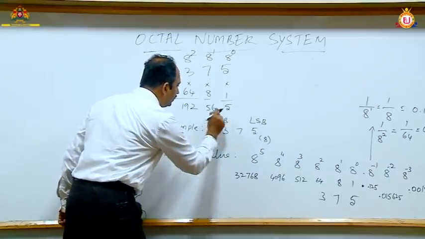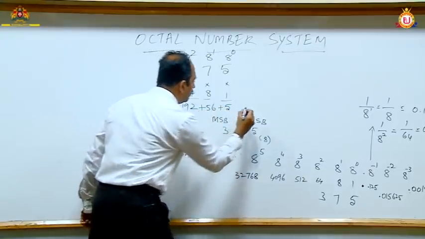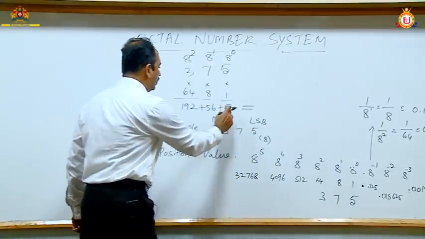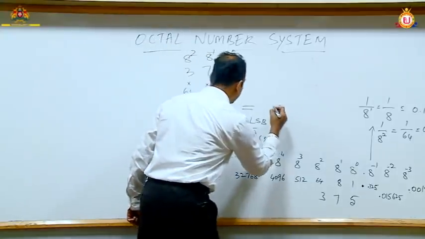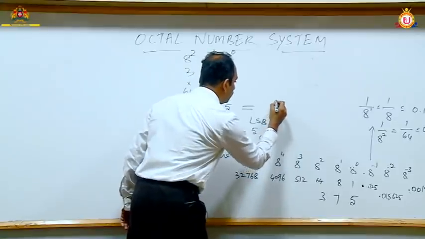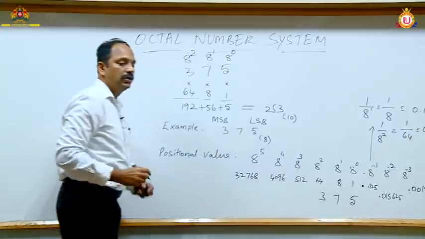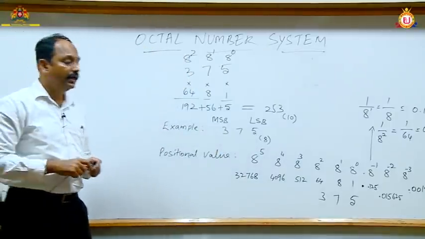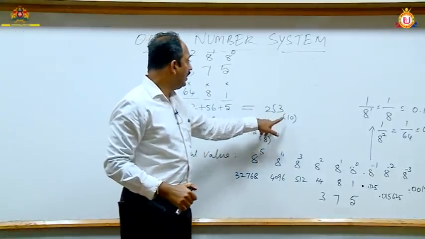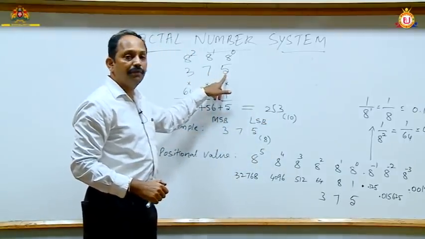So add all the three values, 192 plus 56 plus 5, that comes to 253. 253 is the decimal equivalent of the octal number 375.